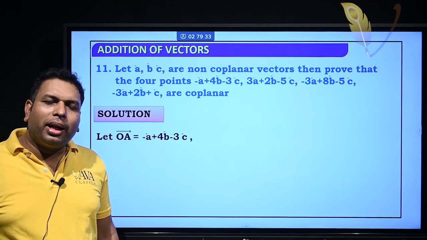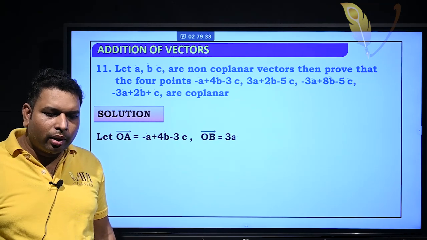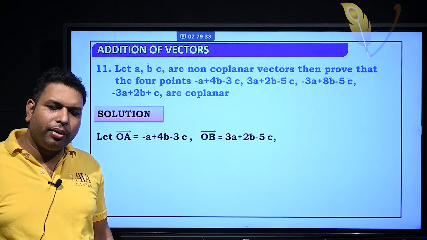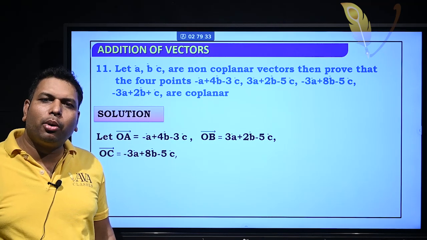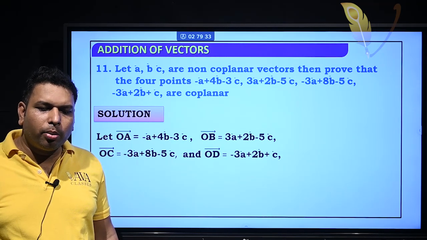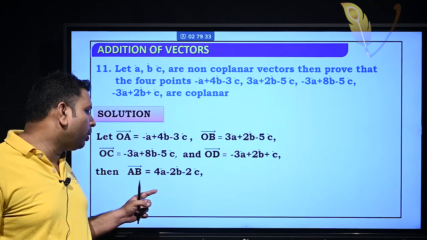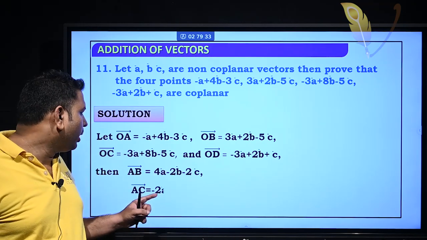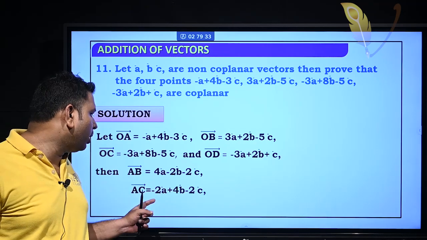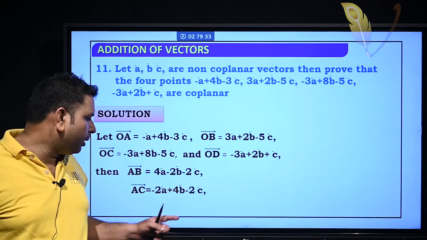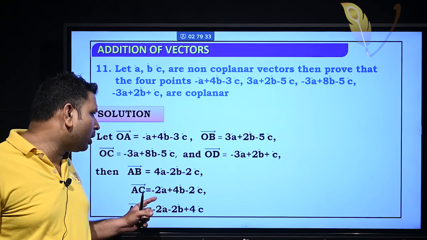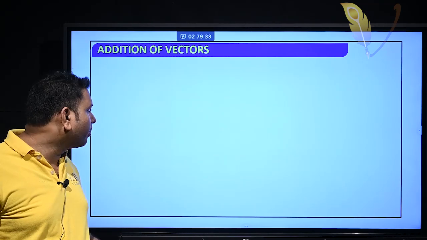Let OA equal minus a plus 4b minus 3c, OB equals 3a plus 2b minus 5c, OC equals minus 3a plus 8b minus 5c, OD equals minus 3a plus 2b plus c. Then AB equals OB minus OA, 4a minus 2b minus 2c. AC equals OC minus OA, minus 2a plus 4b minus 2c. AD equals OD minus OA, minus 2a minus 2b plus 4c.